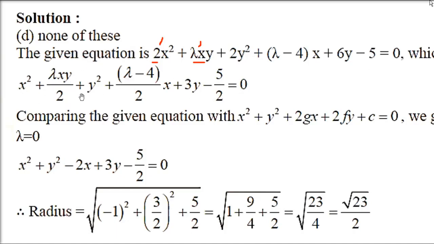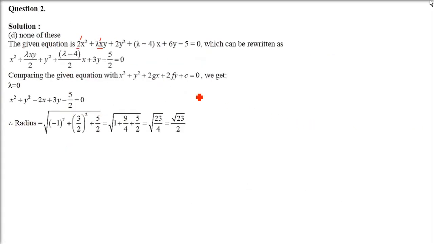We have made it unity. And the final equation we have also got, dividing it by 2. But when we equate it with this general equation, you see in this general equation there is no xy term. There is no xy term.